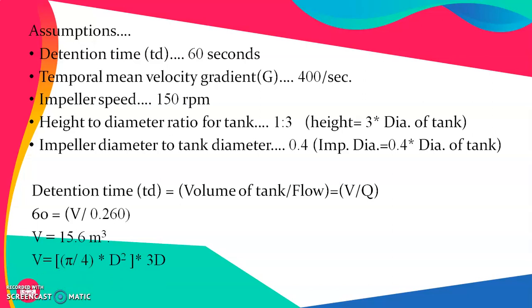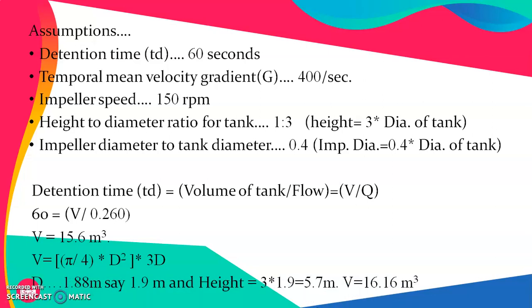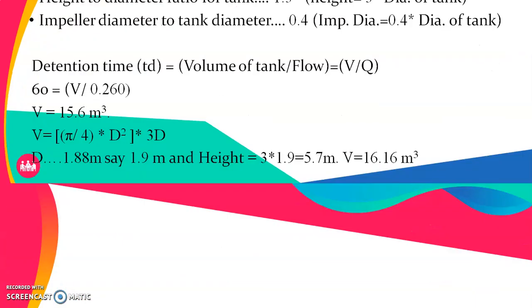Now we are aware that the volume equals the area into height. By putting the above assumptions, we will get the diameter of this unit as 1.88 meter. So we will assume it as 1.9 meter, while height is 3 times it. So it will be 3 multiplied by 1.9, which will be 5.7 meter. And the overall volume of the tank for these dimensions will be 16.16 meter cube.